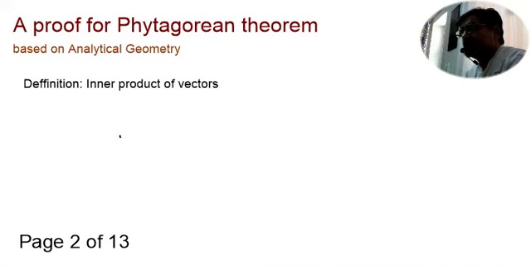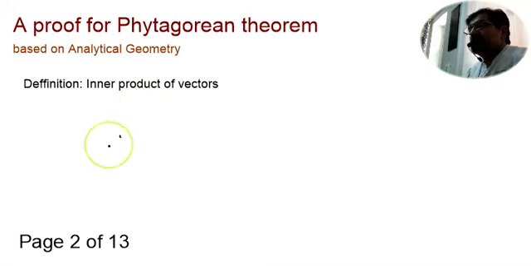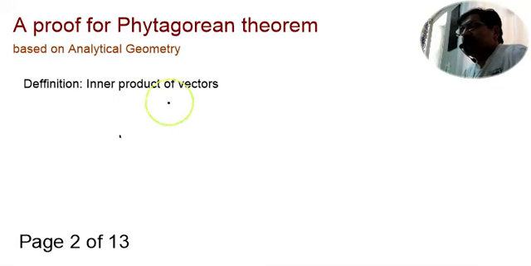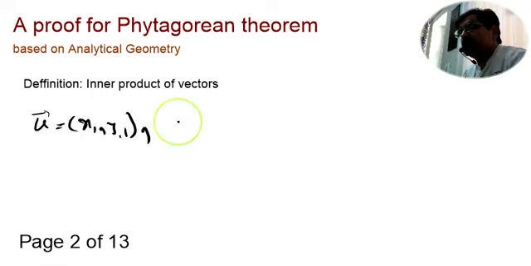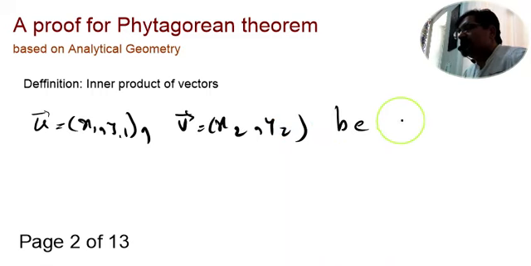Okay, we can define some phrases before starting the proof. Inner product of vectors. Let U be (x1, y1) and V be (x2, y2) vectors.